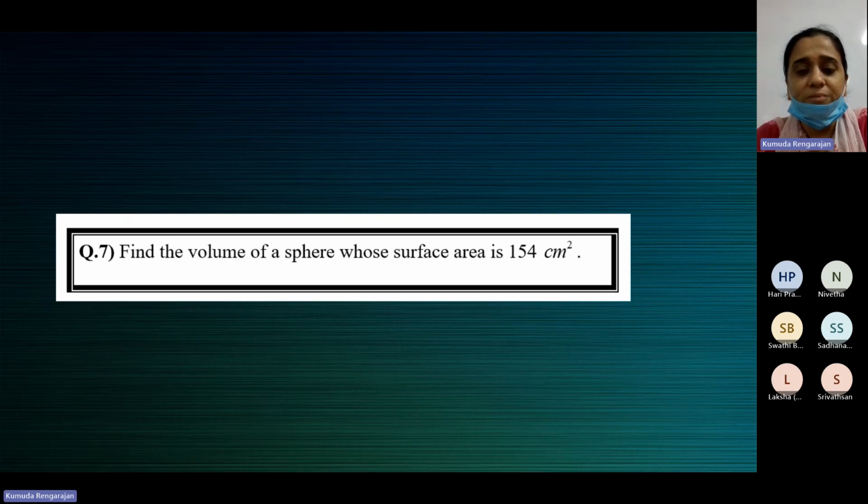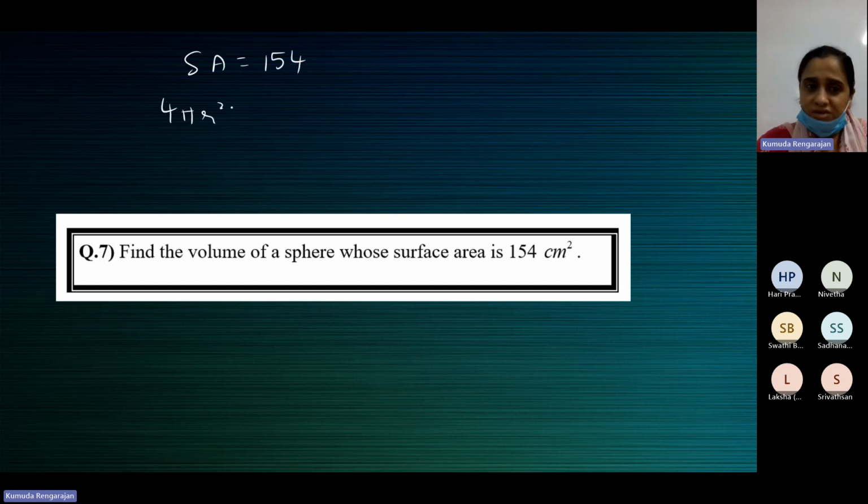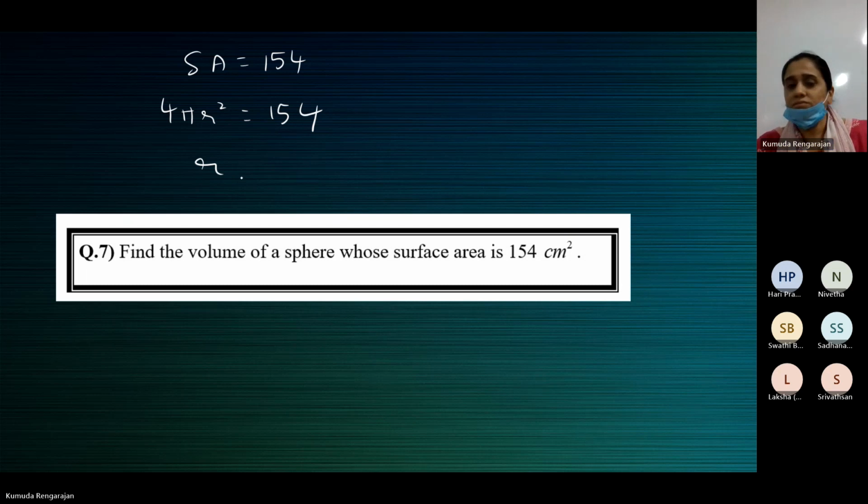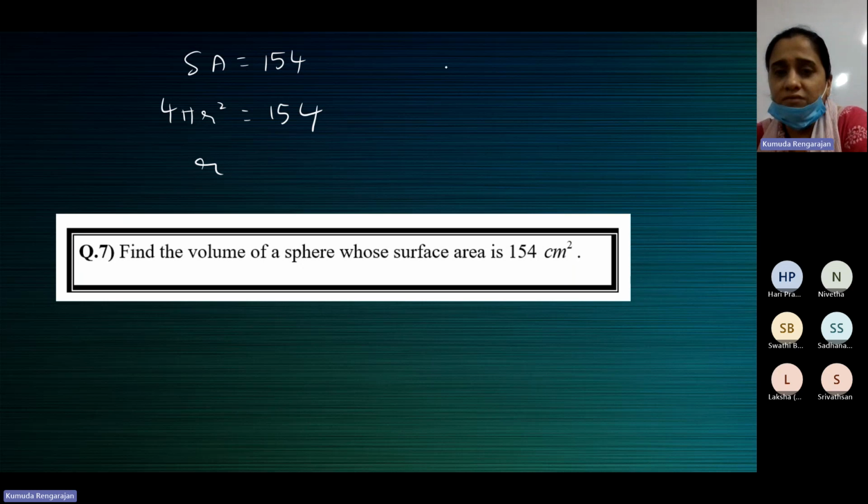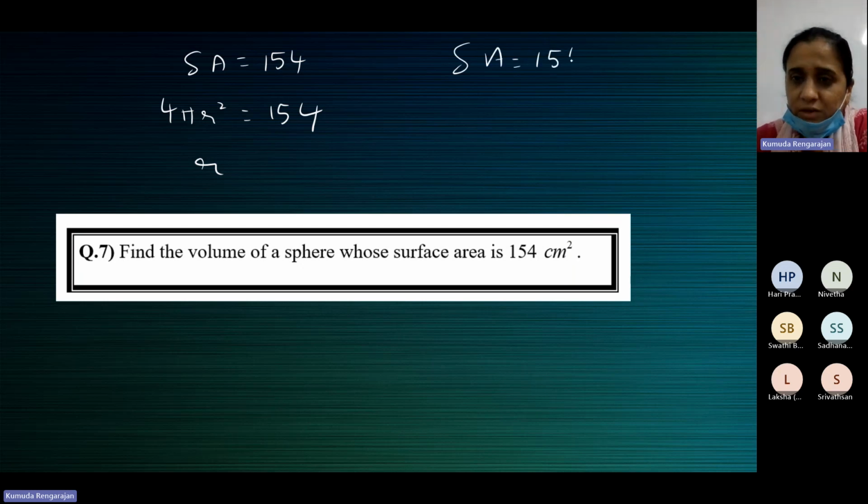Find the volume of a sphere whose surface area is 154 centimeters square. So what is given here? Surface area is given, equal to 154. What's the formula for surface area? 4 pi r square is equal to 154. So work this and find the value of r, and then find the volume. Whenever surface area is equal to 154 is given, that means 4 pi r square is equal to 154.